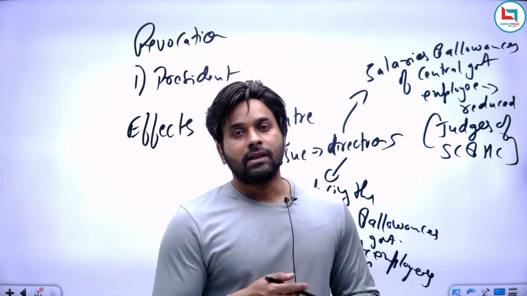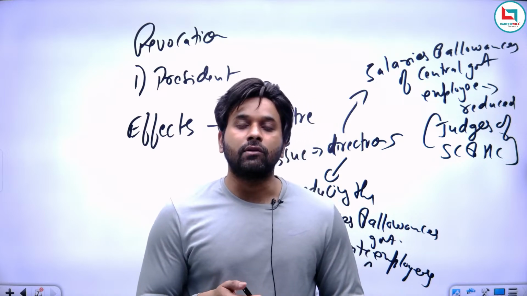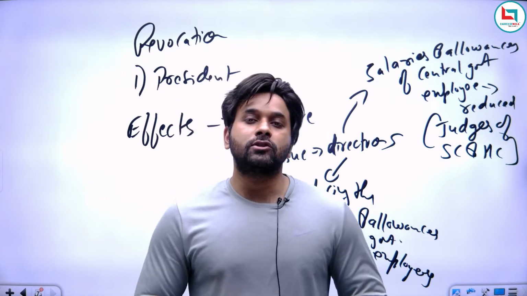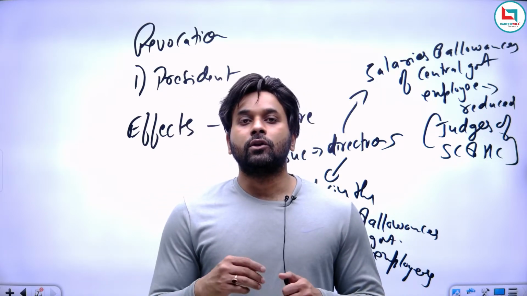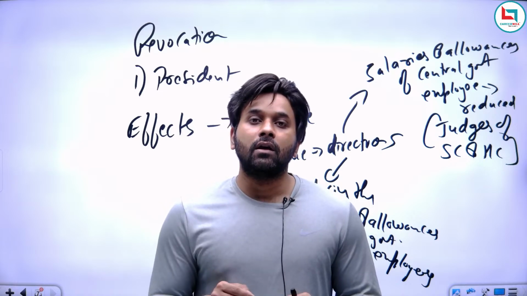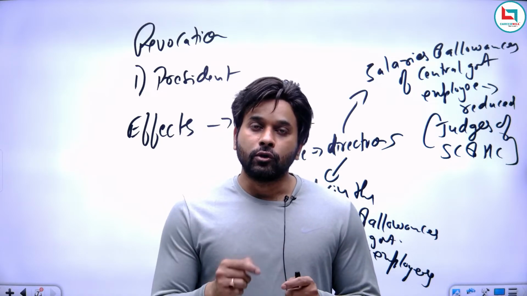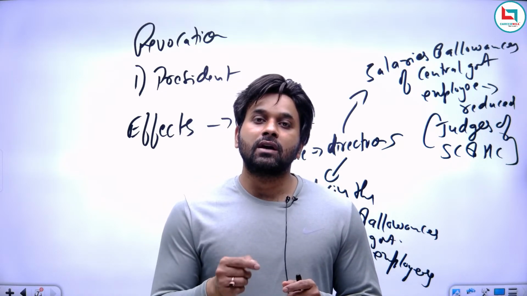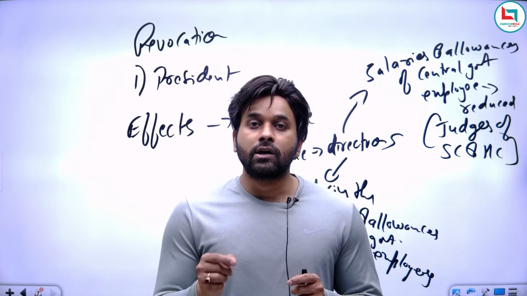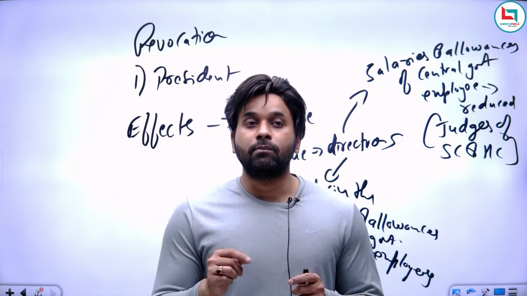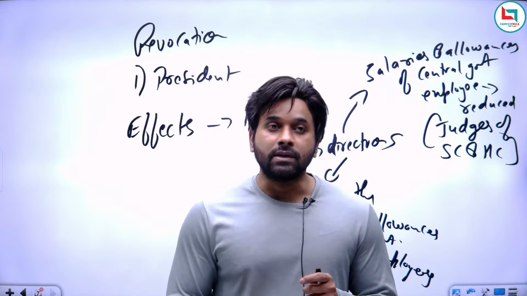And one more thing that will happen during the financial emergency is that the president can issue directions to the governors of the states that you should reserve the money bill for my consideration. So during financial emergency, the governors are required to reserve money bills for the consideration of the president.